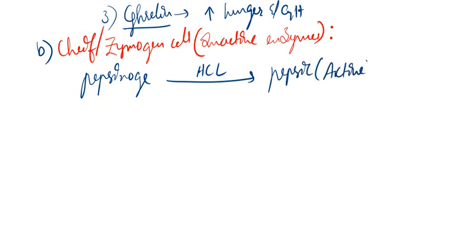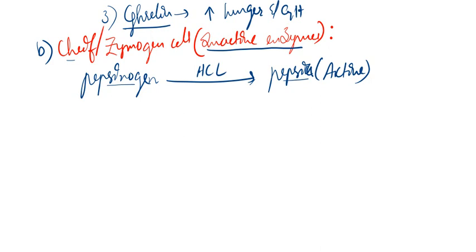So these zymogen cells or chief cells produce inactive enzymes, and the HCl secreted from the proton pump supports the conversion of pepsinogen to pepsin. This pepsin is the active enzyme component.